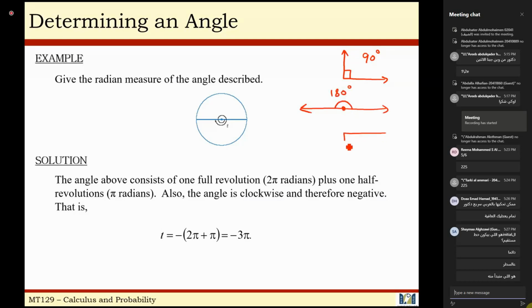This one is 270 degrees, and this one we have the 360 degrees, the full rotation.